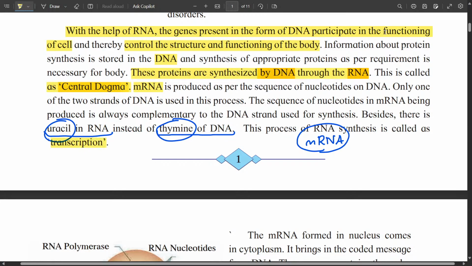First is transcription. What is transcription? Transcription is making of mRNA, correct? It means the sequence of nucleotides in mRNA is produced as per the codes on the DNA, and this process is known as transcription.